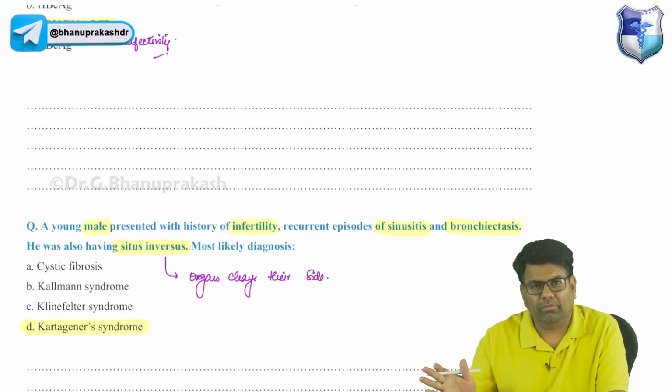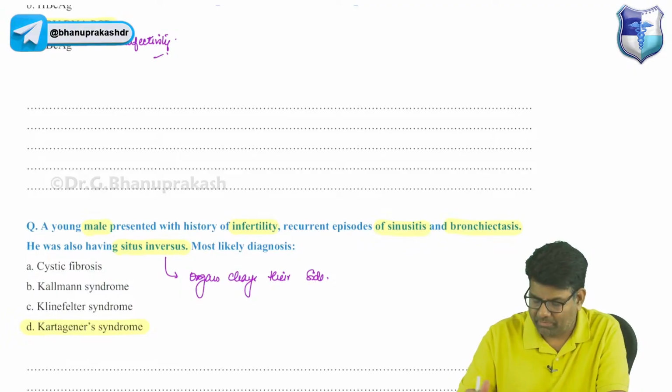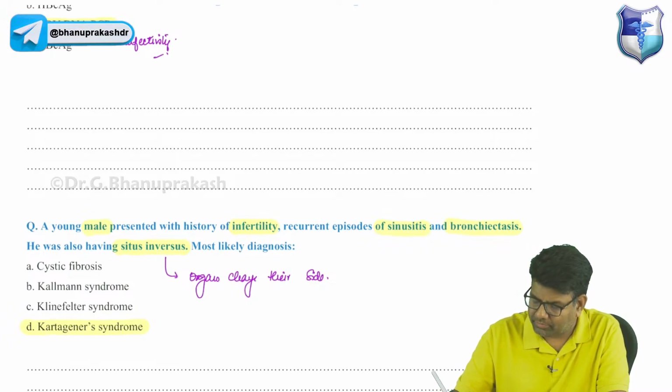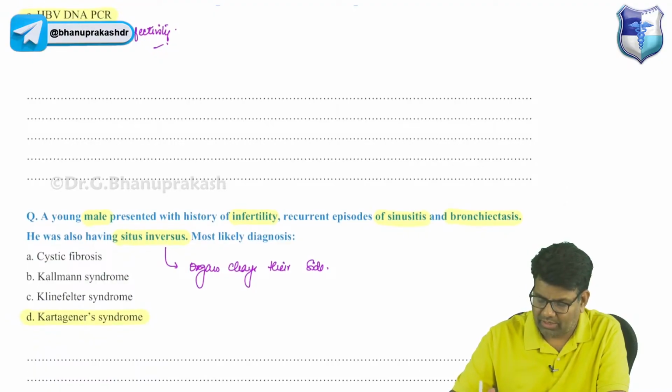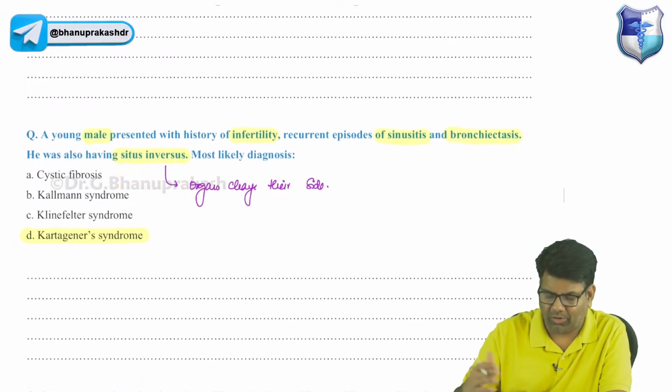The heart will be towards the right side, the liver will go on the left. So the side is changed. And there is bronchiectasis, that is abnormal dilatation, sinusitis, infertility, due to ineffective ciliary motility. So this is Kartagener. Yes, Aninda, you are right. They are on the opposite side.